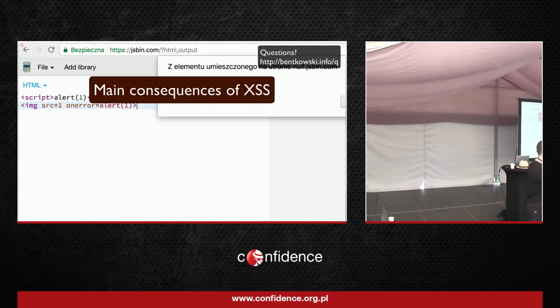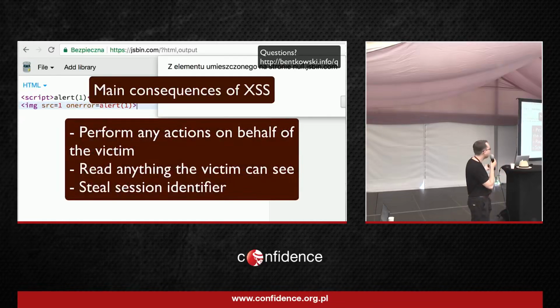Okay, that's actually, I could say, the best answer: you can do everything you can do with JavaScript. And if you write the front end of your web application in JavaScript, then you know that you can program just everything. With XSS, you can perform any actions on behalf of the victim. For example, in Gmail, you can send emails.